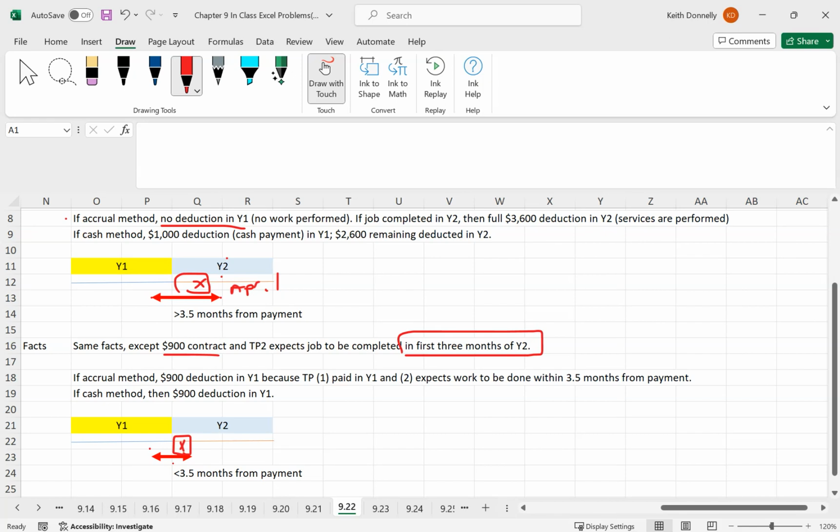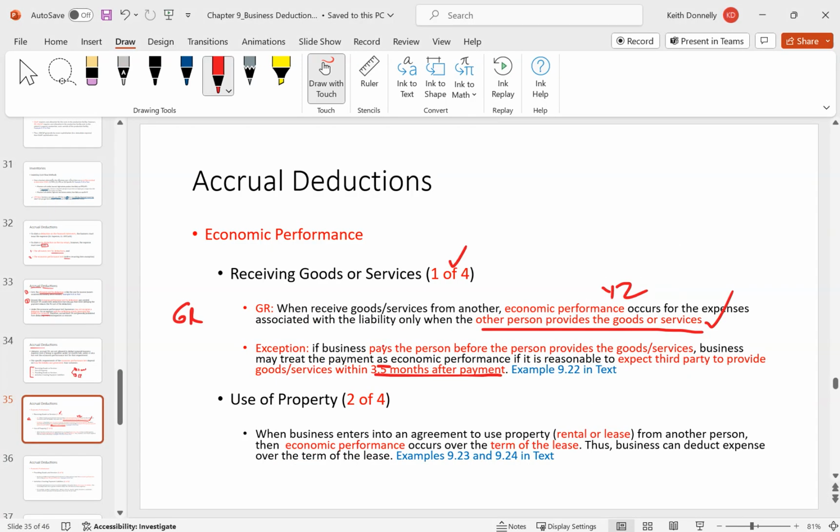For this reason, we'll get to deduct all of it over here. That's when we'll get the deduction because we have the exception. If we pay the person before he does the work, and we expect him to complete the services within 3.5 months, then we can do it now. We don't have to wait until he performs.